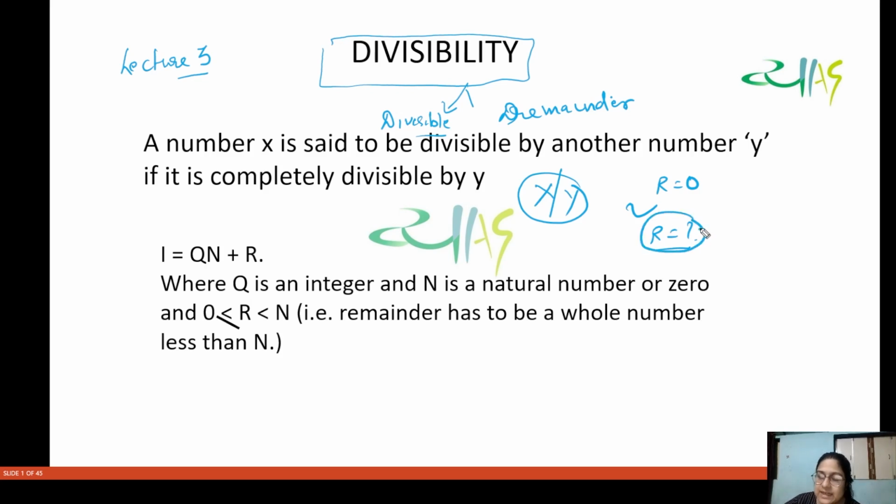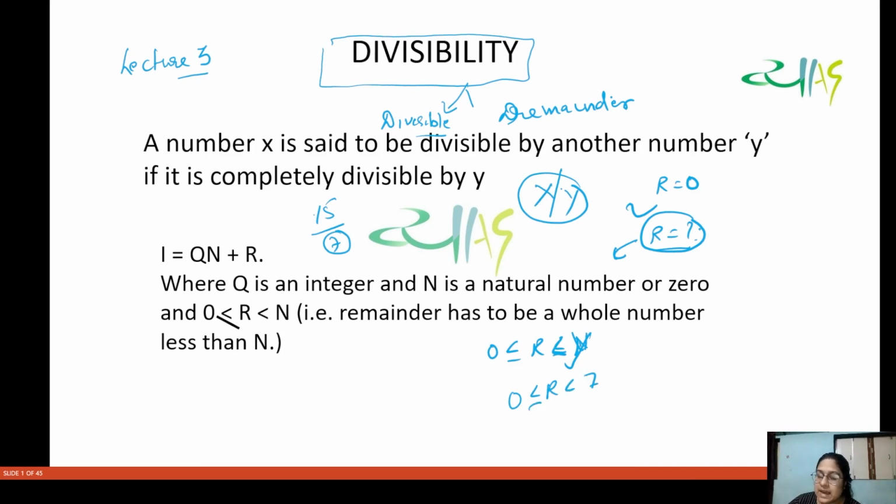But the thing is, what will the remainder be? The remainder will be between 0 and y. It can be equal to 0, but it cannot be greater than y. So if you are dividing, for example, 15 by 7, the remainder will be between 0 and 7.